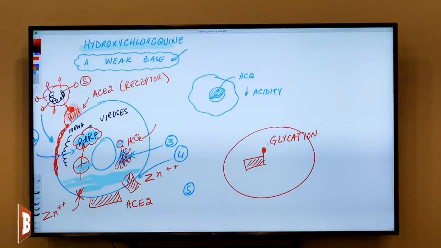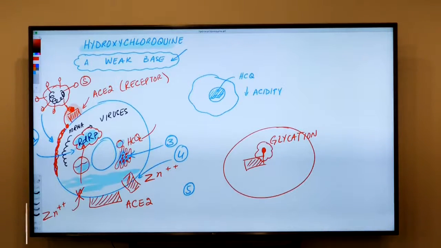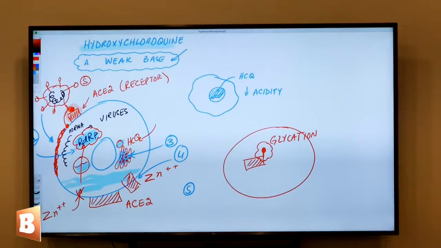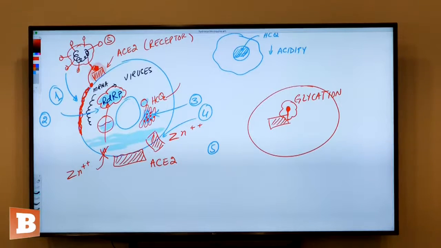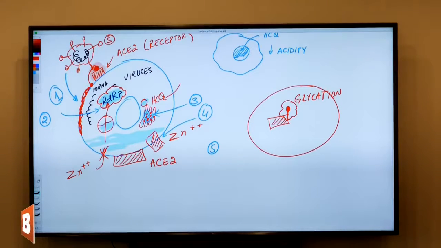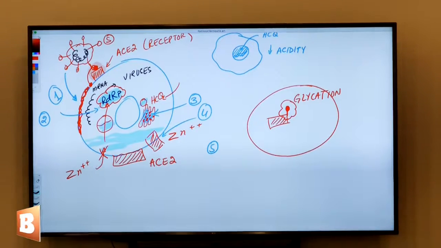Hydroxychloroquine interferes with the last amino acid glycation of the ACE2 receptors. The result of that is that when the ACE2 appears on a cell's surface, it has a slightly different shape compared to the regular ACE2 enzymes because one amino acid is not glycated.